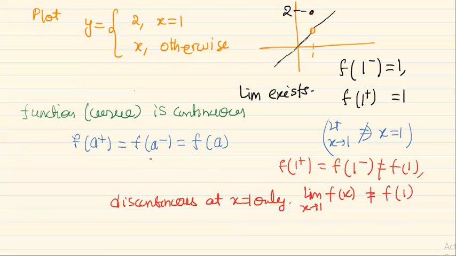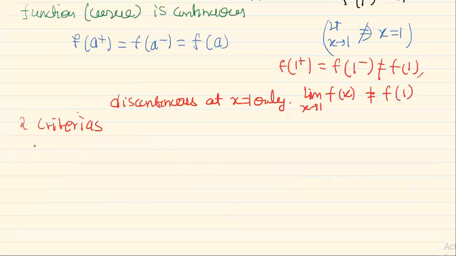And now you understood that if you say the curve is continuous, there will be two criteria. What are those criteria? First of all, limit must exist at that point.